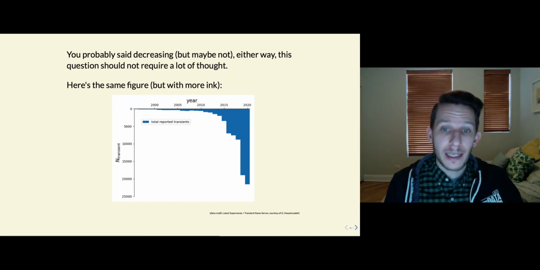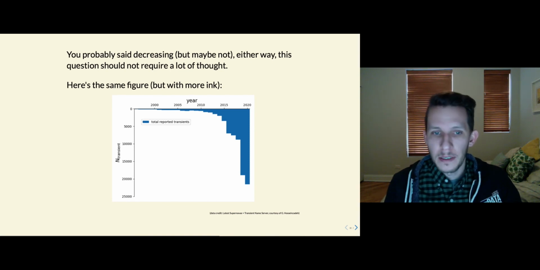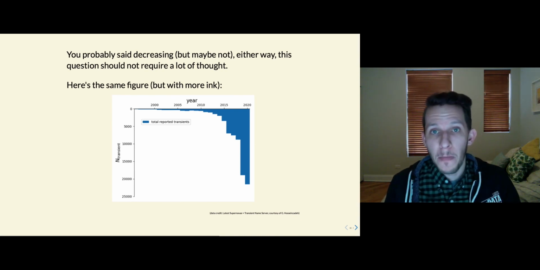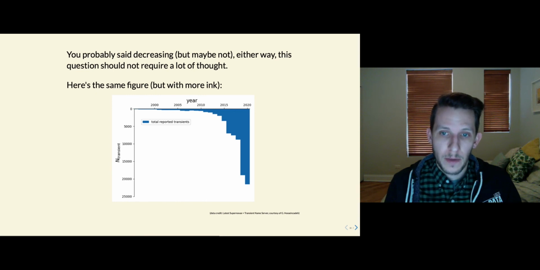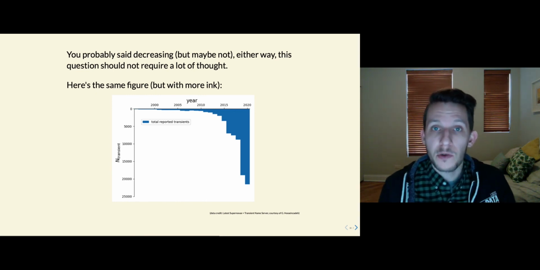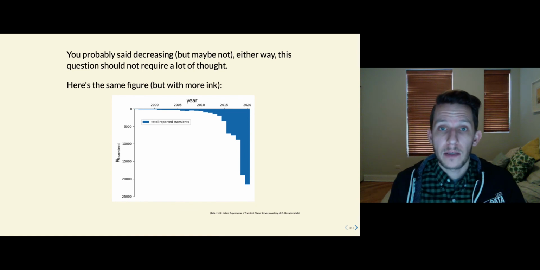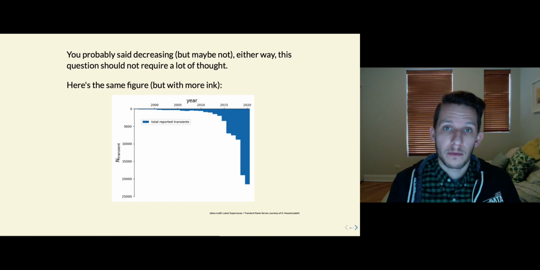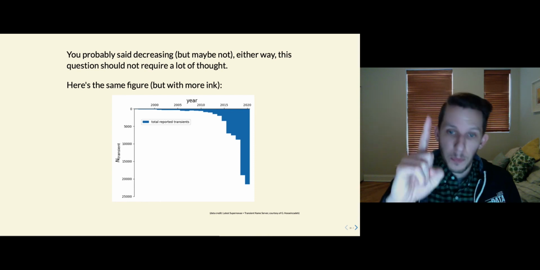I'm again showing the exact same figure, but in this case I've added a bit more ink. In particular, I've labeled the y-axis, and I've also labeled the data. So here's what's so misleading about what was shown a second ago. The reason I said you probably said decreasing is that we are all accustomed to seeing histograms with positive numbers that go up.